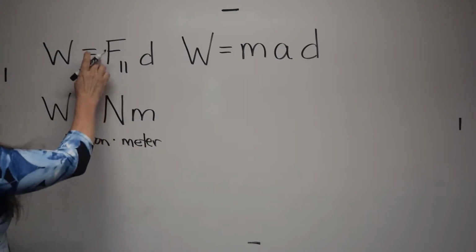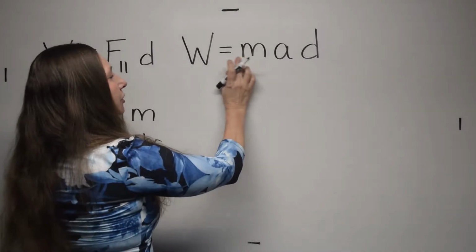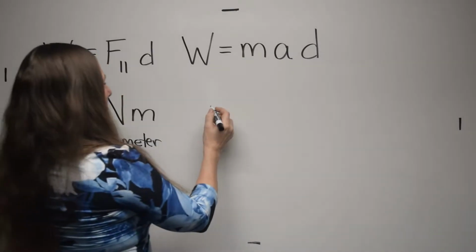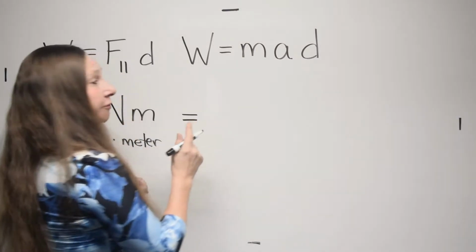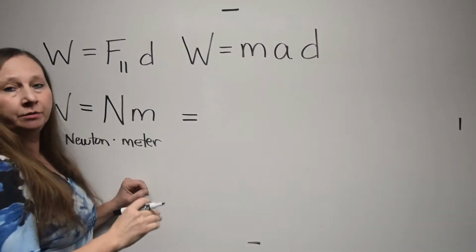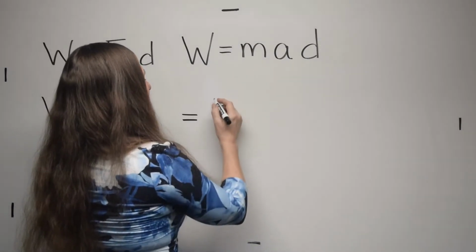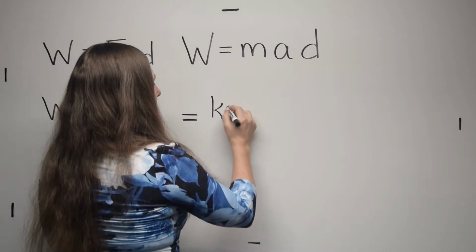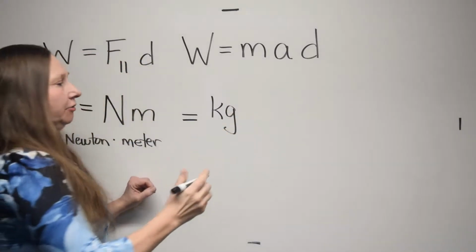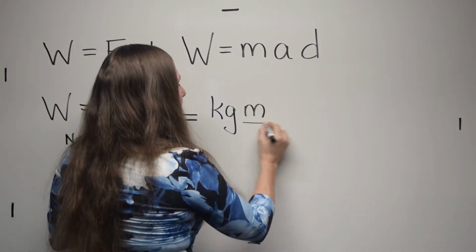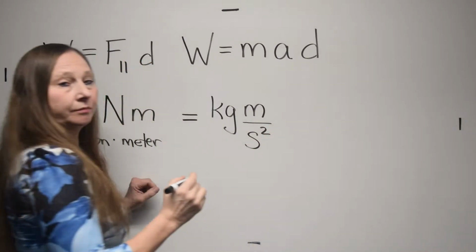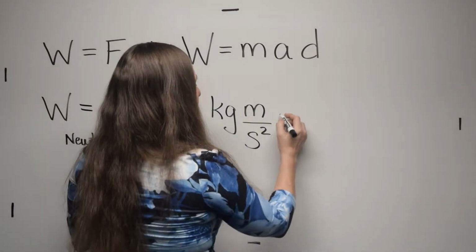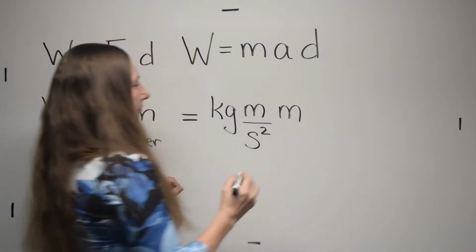Now remember that force is also equal to mass times acceleration. So let's look for another version of the Newton meter. The unit for mass is the kilogram. The unit for acceleration is meter per second squared. And the unit for displacement is the meter.